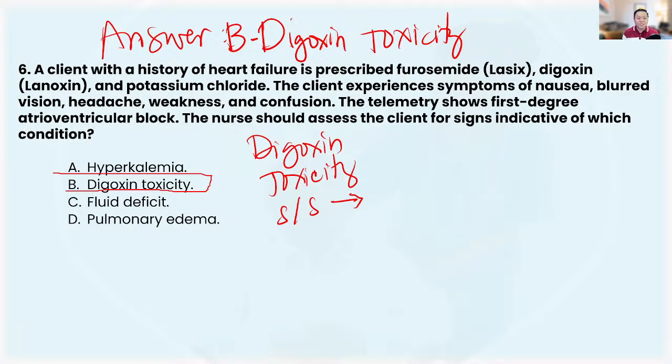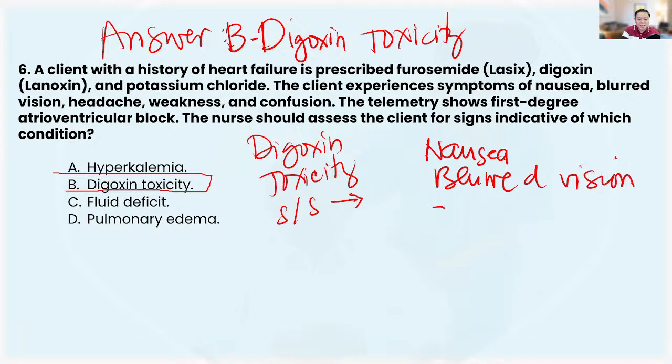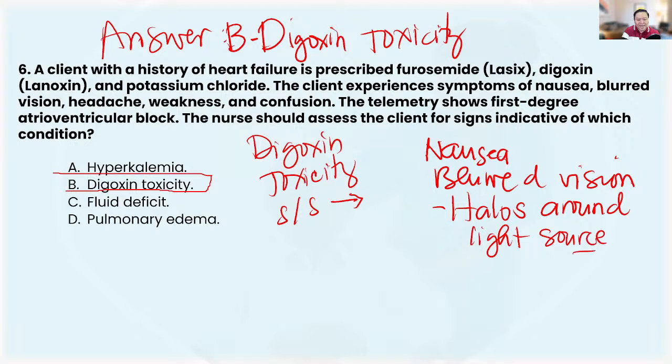All right, let's go back to the manifestations of digoxin toxicity. There is nausea, blurred vision. But on top of the blurred vision, guys, there will be halos around light sources. I'm adding some more stuff here. If you ask the patient to look at a fluorescent lamp or any kind of light source, they're going to see that halo around that light.